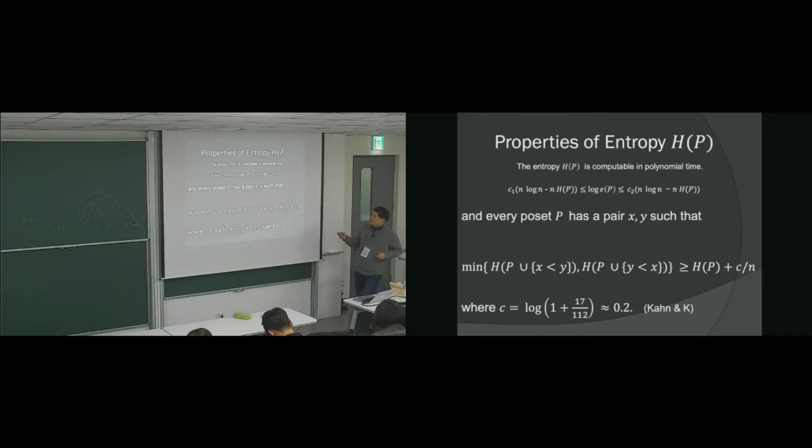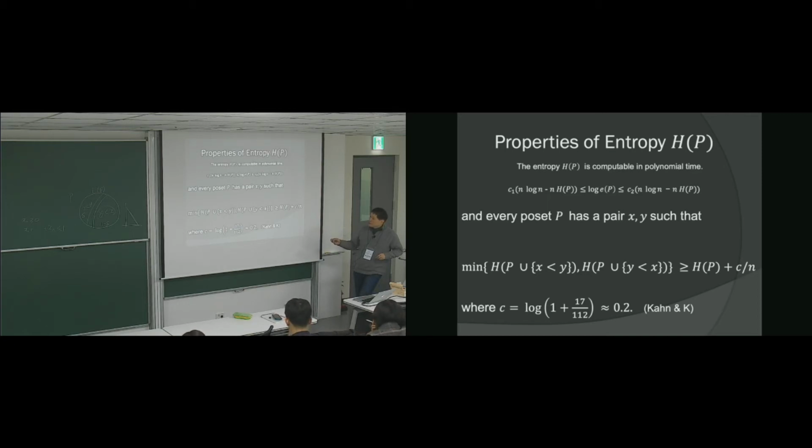Another property, so we have shown this one. Another property of entropy is this. This is not the right notation, but it's very good for understanding. You can imagine what this means. We have a partially ordered set.